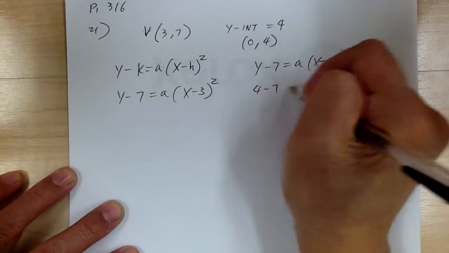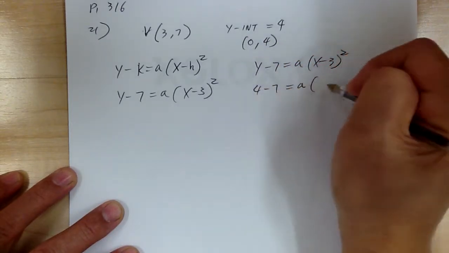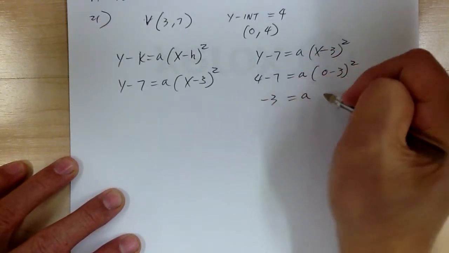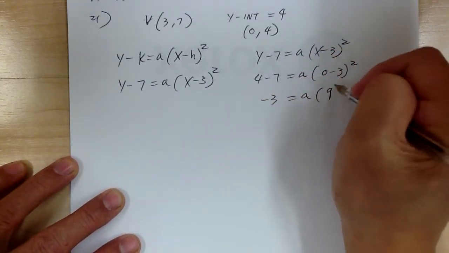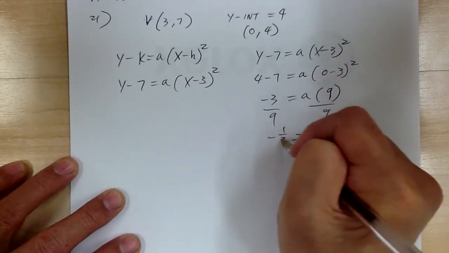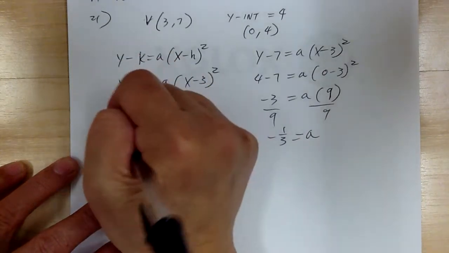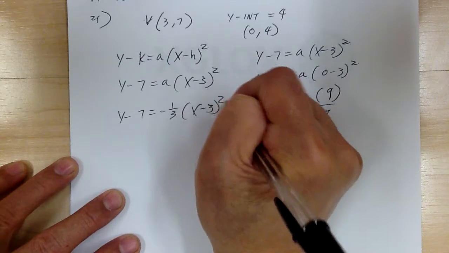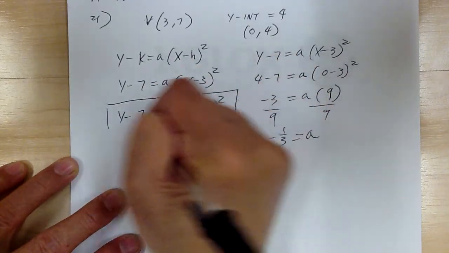So you get 4 minus 7 equals a times (0 minus 3) squared. So negative 3 equals a times 9. So divide by 9, divide by 9. So a equals negative 1/3. So substitute back in here. And that would be the answer.